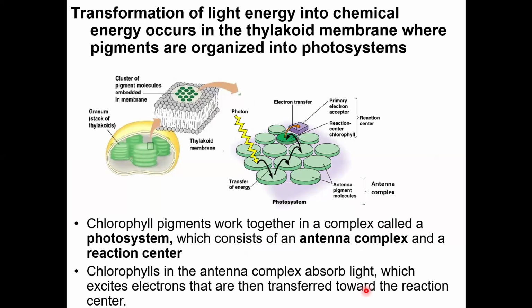Now, the transformation of light energy into chemical energy occurs in the thylakoid membranes, where they are further organized into photosystems. These photosystems are complexes that include an antenna complex and a reaction center.